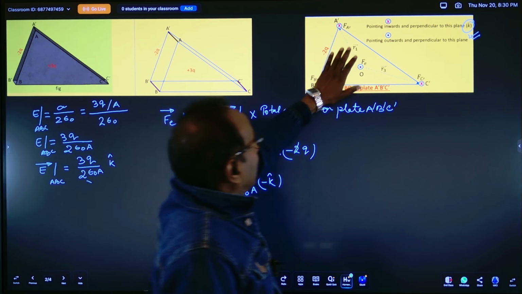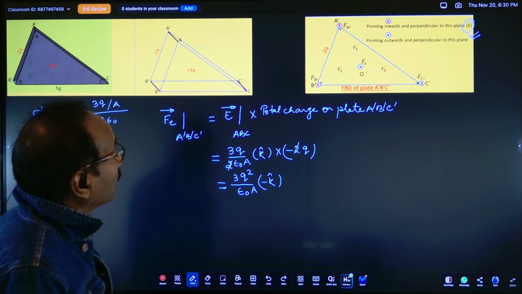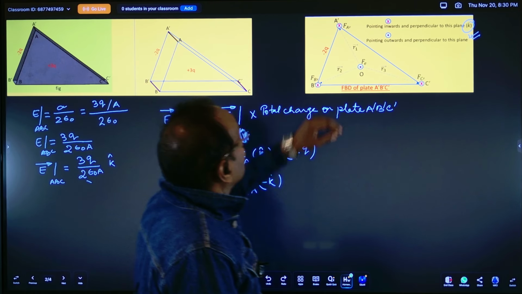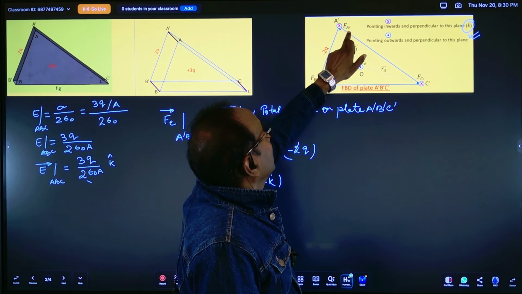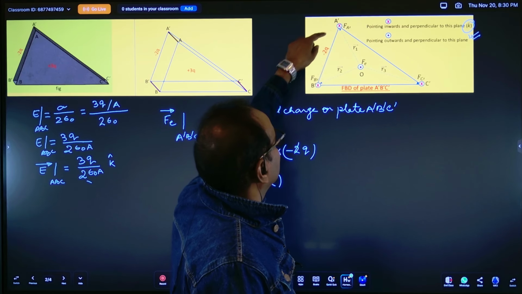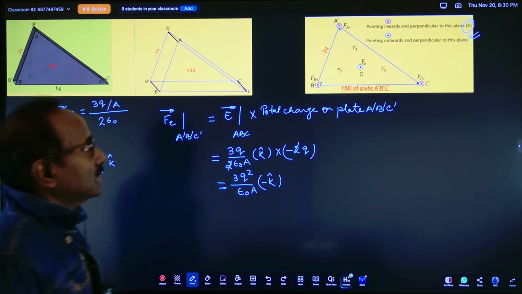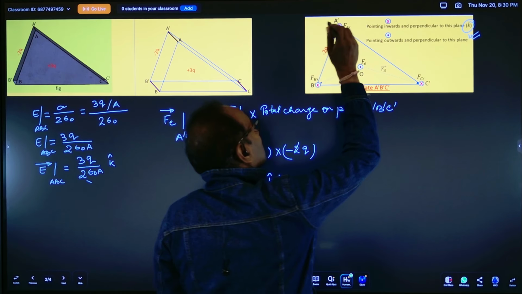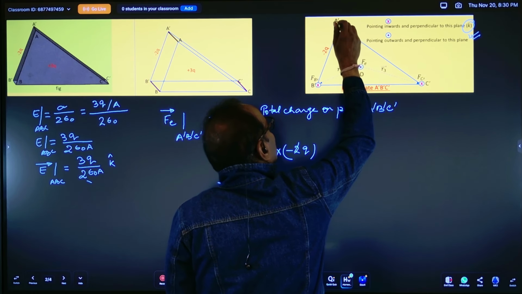In this diagram, we have shown at the A prime corner FA prime as the force. And why this cross? Cross is representing the vector inside, meaning the force direction is into it.